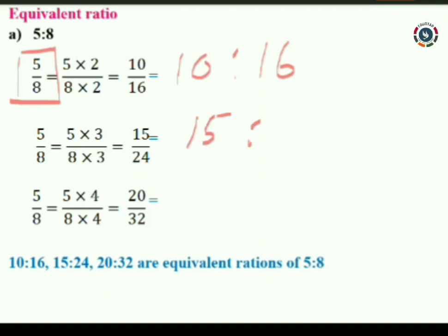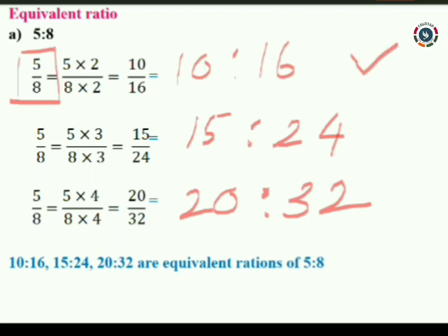The ratio is 15 is to 24. And next I am going to multiply it with 4. You will get 20 by 32. So 20 is to 32. So 10 is to 16, 15 is to 24, and 20 is to 32 are the equivalent ratios of 5 is to 8.